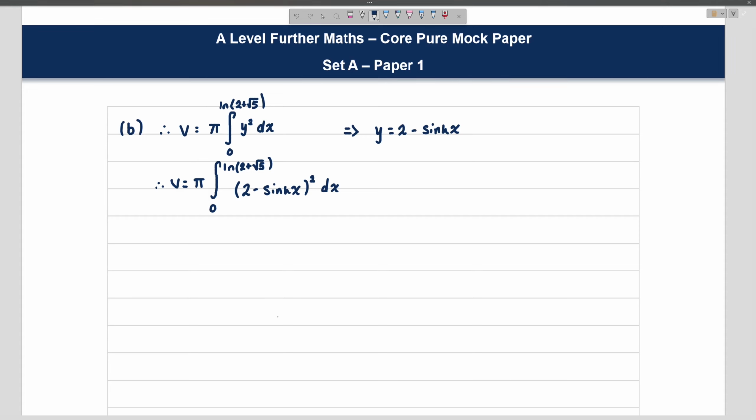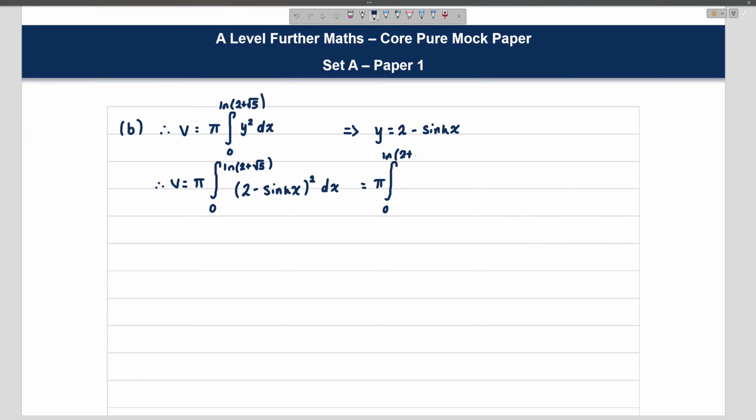Now what I would do here is replace sine x and give it as its exponential definition. I just personally think it's a little bit easier to work with. So what I've got, let me do it to the right, is pi times the integral from 0 to ln of 2 plus root 5.